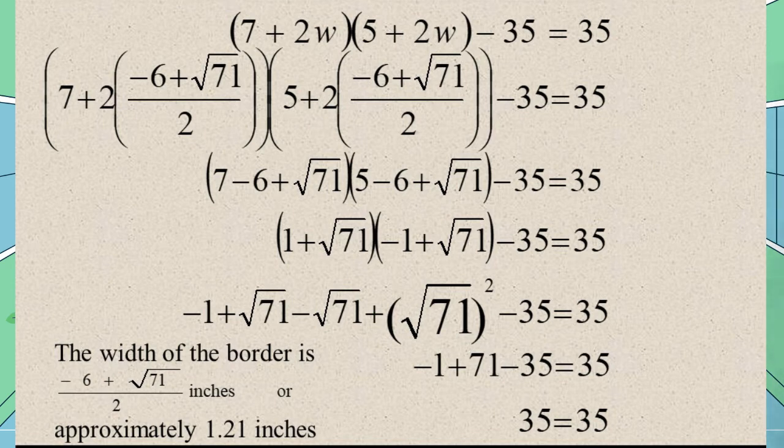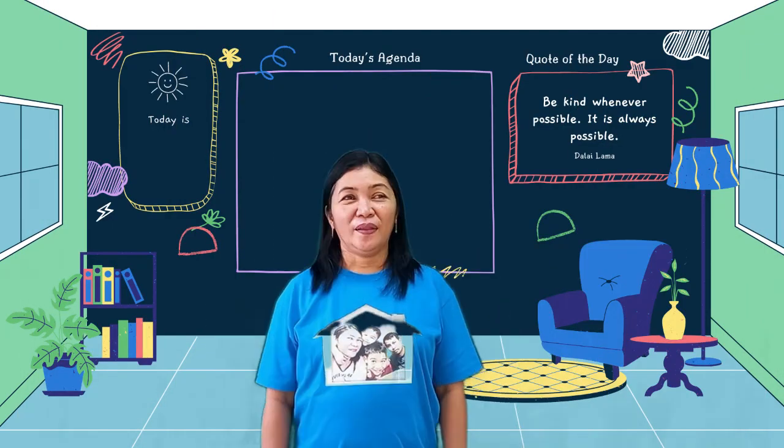Performing the operations and simplifying, notice that we obtain an equality, meaning the equation is satisfied by the value of W. So we say that the width of the border is negative 6 plus the square root of 71 all over 2 inches, or approximately 1.21 inches as we read it conveniently.